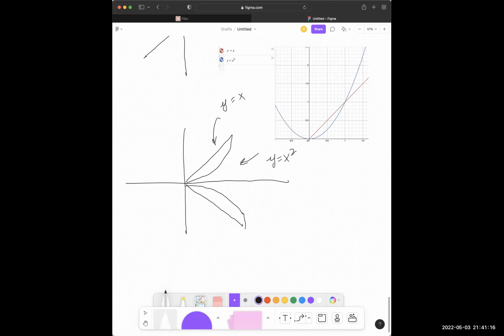And so the washer idea is that you have pi times the outer radius squared minus the inner radius squared. And you can actually rewrite this to be the top function squared minus the bottom function squared, because the outer radius will always be the radius that is touching the top curve, right?